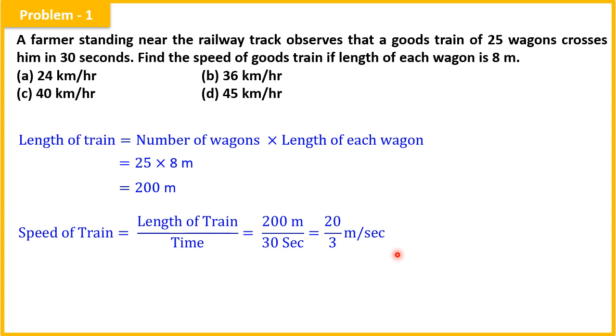So there is a need to convert meter per second to kilometer per hour. To convert from meter per second to kilometer per hour, we need to multiply by 18 by 5. So if we multiply 20 by 3 with 18 by 5, we get 24 kilometer per hour. Option A is the right answer.